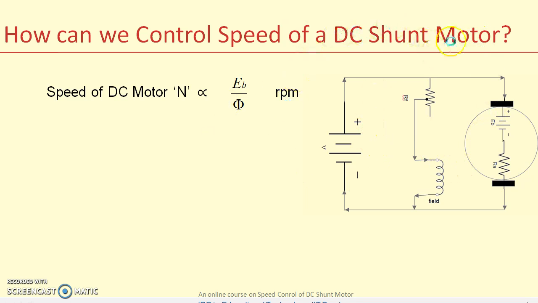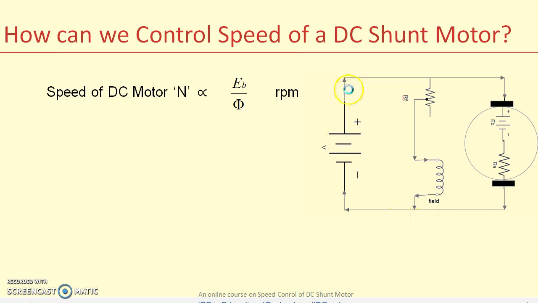Let us see the circuit diagram of a DC shunt motor. This is the armature of a DC shunt motor. Here inside I have shown the equivalent circuit of the armature. The armature generates back EMF, which is more or less equal to the supply voltage but in the opposite direction. And this is the armature resistance. So the equivalent circuit of a DC motor's armature is EB in series with armature resistance RA.